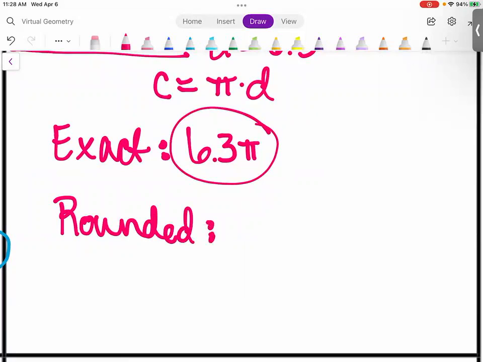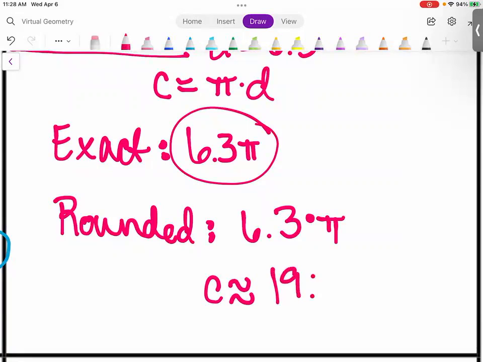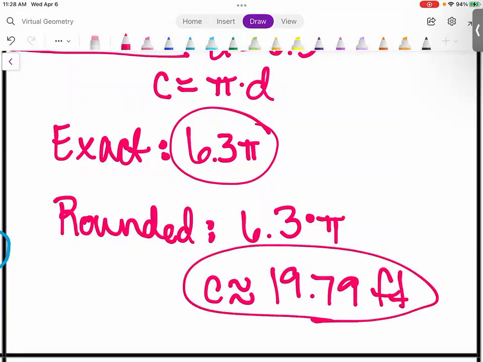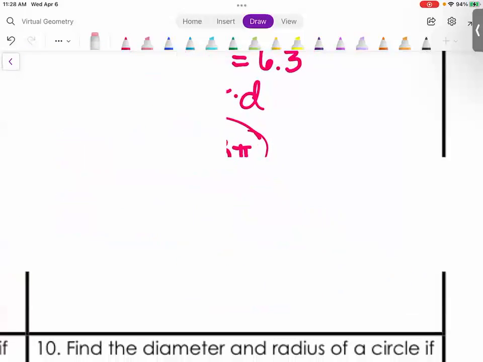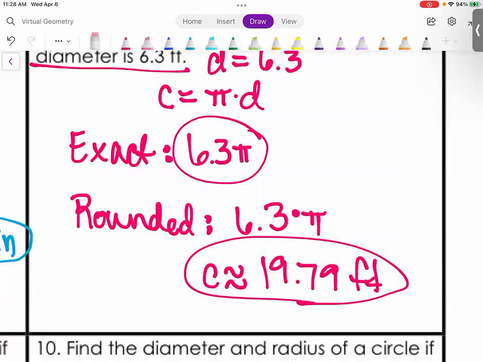We need to actually multiply 6.3 times pi. So my circumference is about 19.79, and we were in feet. So again, if it says exact, do not multiply pi. If it says rounded, go ahead and multiply it out.